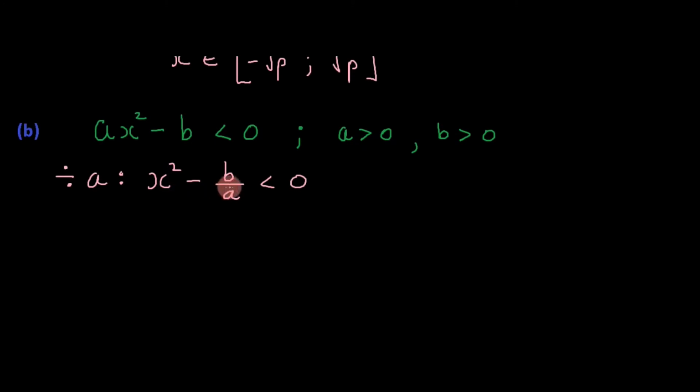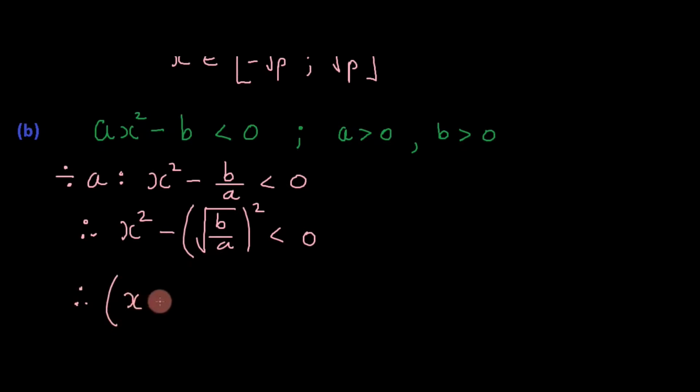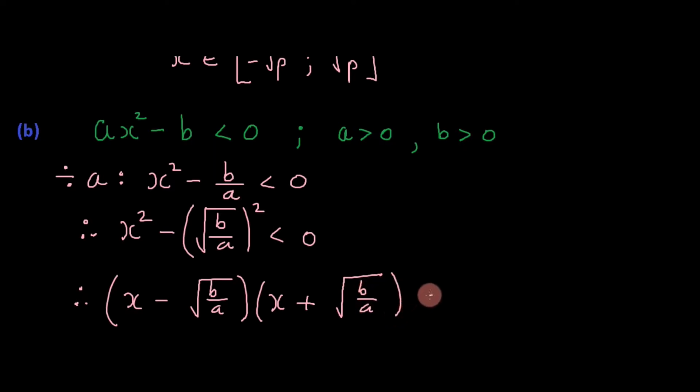Now we're going to turn the left-hand side of this inequality into a difference of squares. So we're going to rewrite it as x squared minus the square root of b over a all squared. We can factorize the left-hand side now as a difference of squares. So it's x minus the square root of b over a times x plus the square root of b over a less than 0. At this stage, we can draw a parabola.